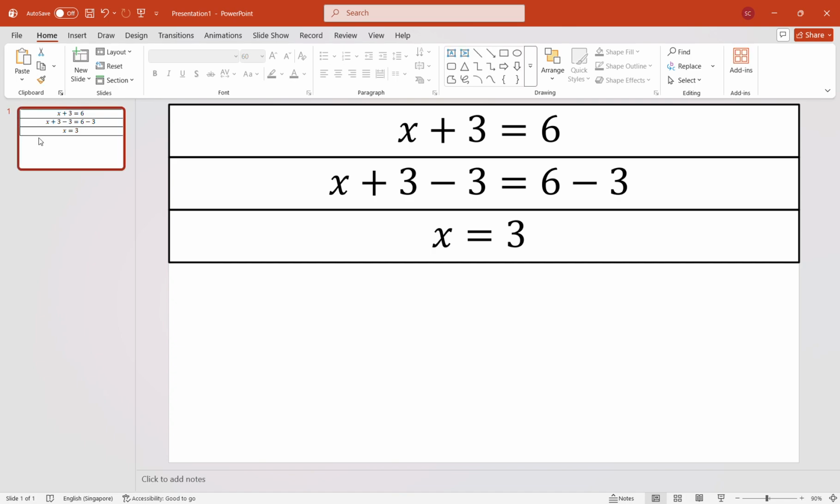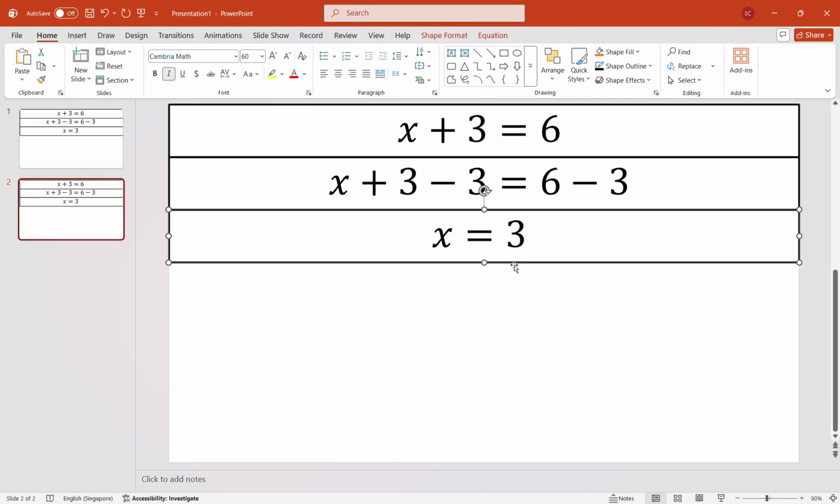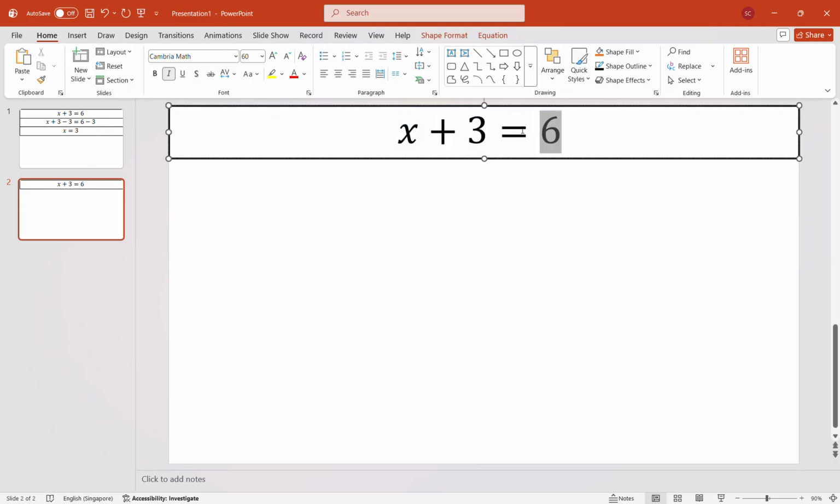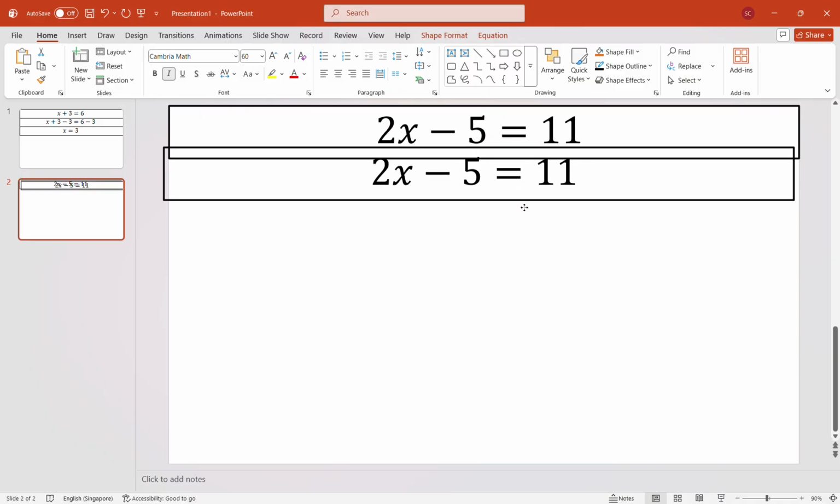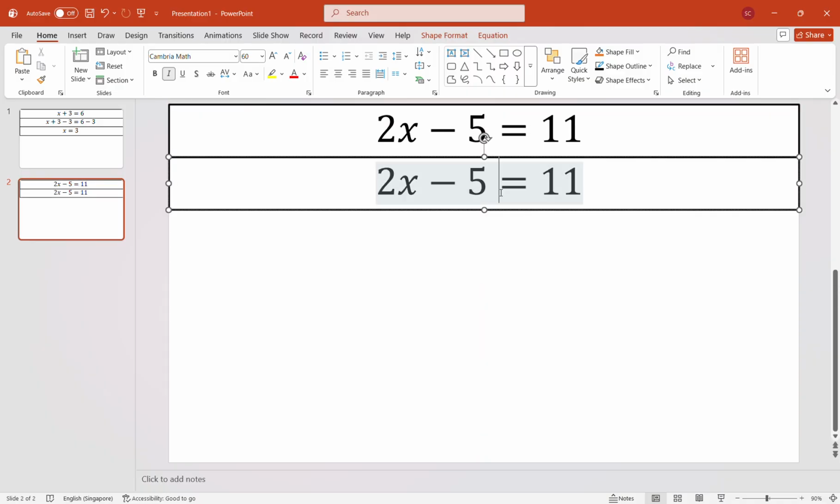Alright, next let's try another equation. So, obviously, we got 2x, which is just 2 times x, and then minus 5 equals 11. So what do we do here? We find the inverse of minus 5, which is plus 5, and then we add 5 on both sides.